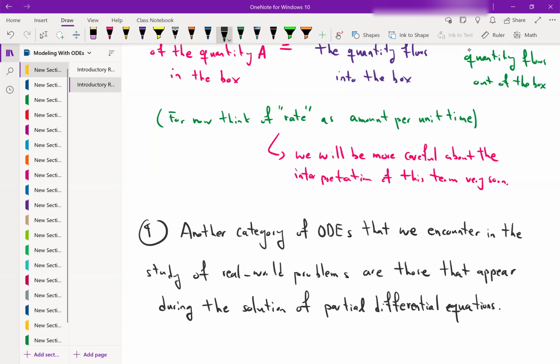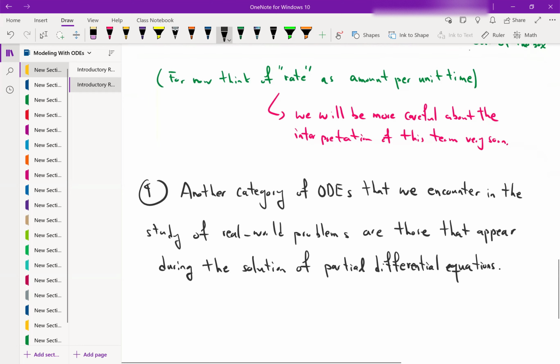And it turns out that several interesting techniques that we have for solving partial differential equations transform the partial differential equation that originally governs the physical phenomena of interest into a collection of ordinary differential equations.